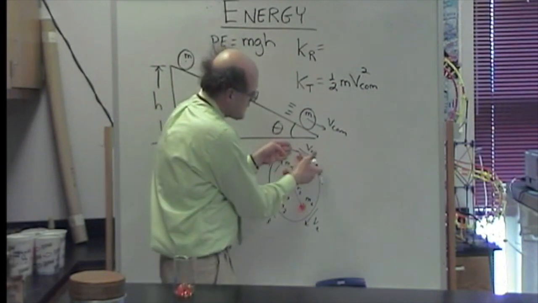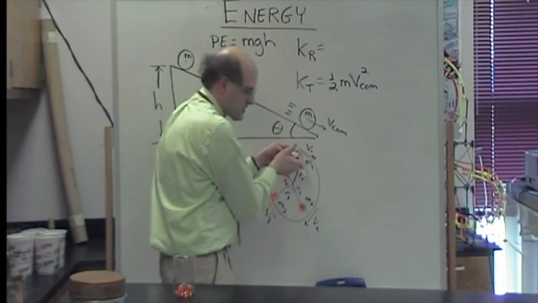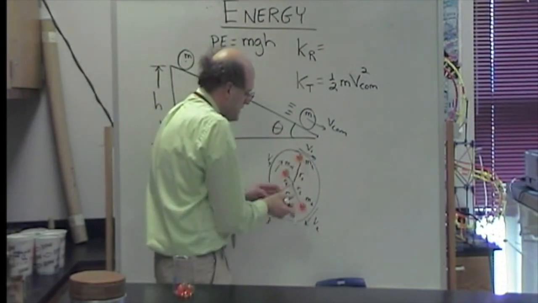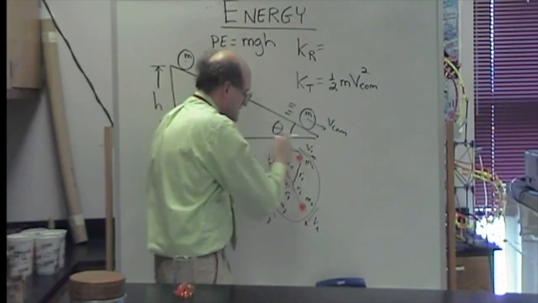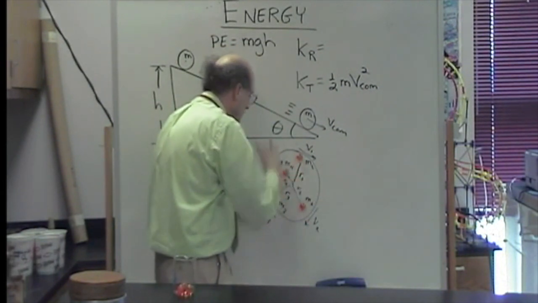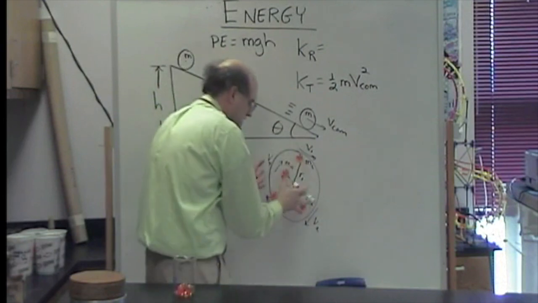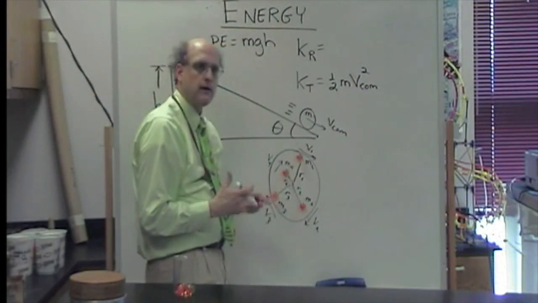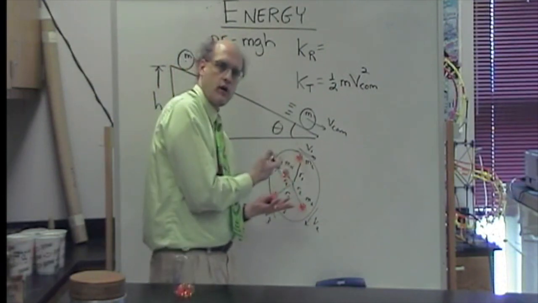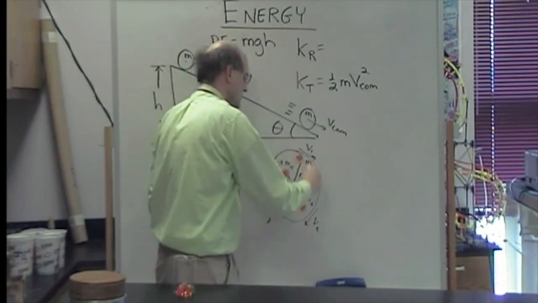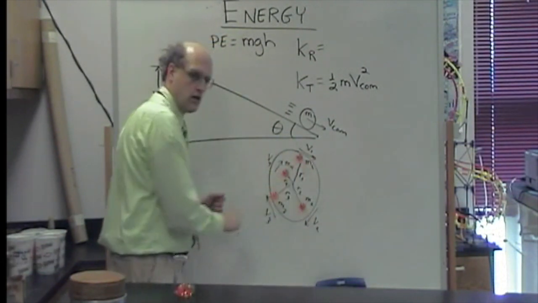So let's take a look at the kinetic energy of this piece, of this piece, of this piece, and of this piece as they travel in a circle, and all the others that make up this disk, and add them up. And then we have an expression for the kinetic energy of the disk in rotation.